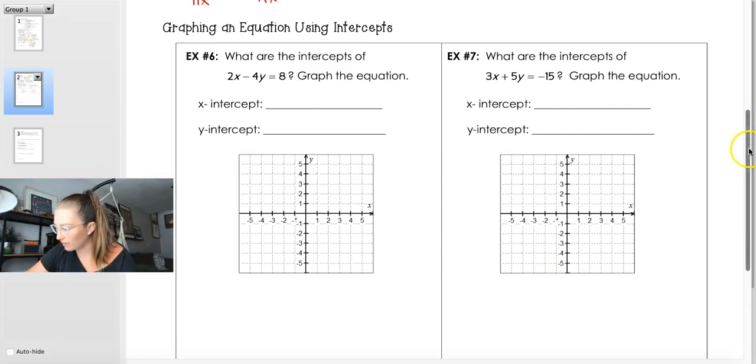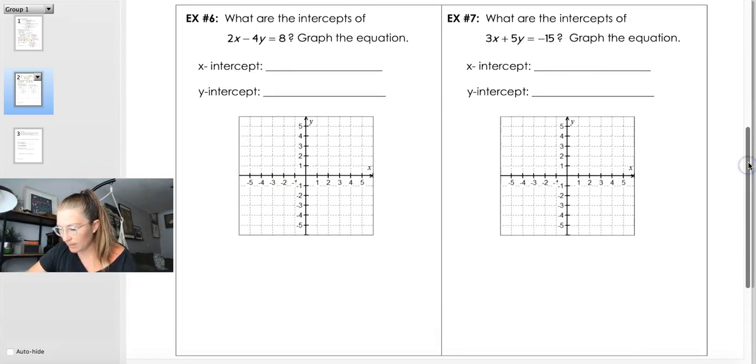So I'm going to go down here and show you that cover-up method. Okay, so if you want to find the x-intercept, you cover up the y. It won't make sense to cover up the x because now you don't have any x's, so you can't find an x-intercept. So we're going to cover up the y. What we're really doing is we're plugging in 0 for y. And anything times 0 is 0, and it's just going to disappear. That's why we can just cover it up.